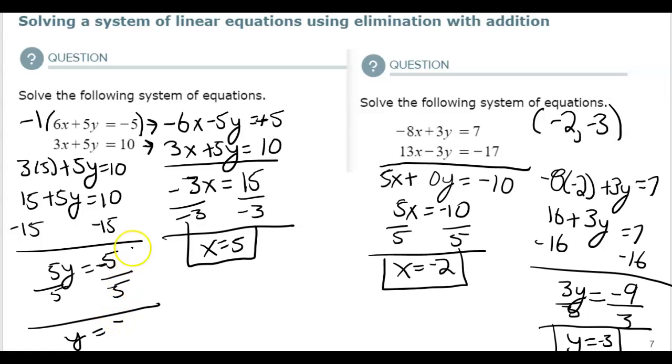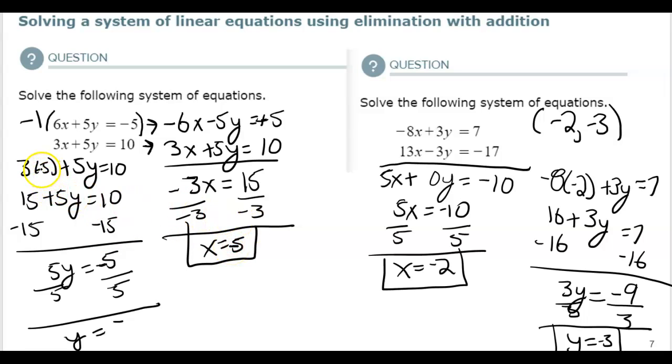I feel like I made a mistake. Oh, my mistake, you guys, was back here. This should have been a -5.